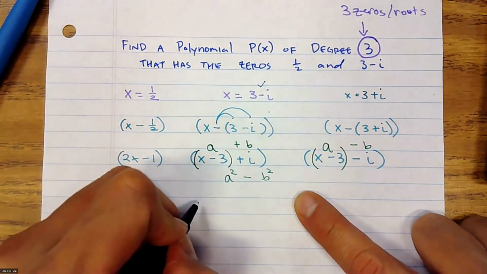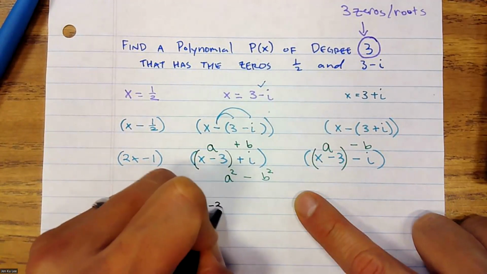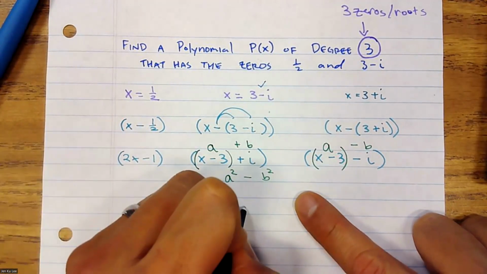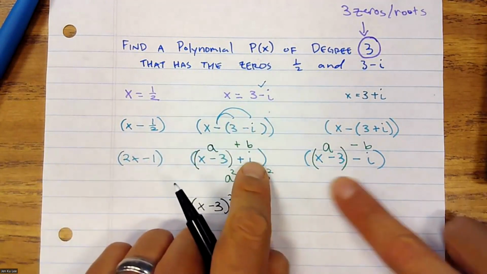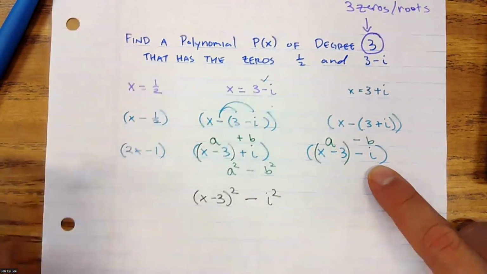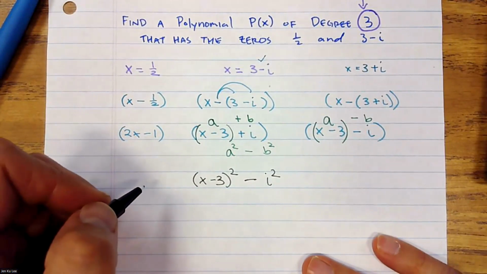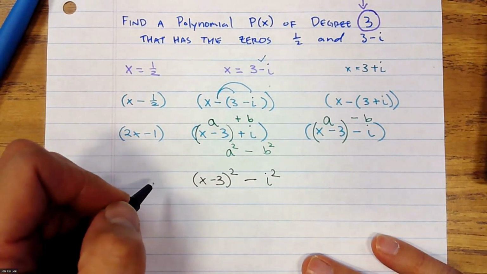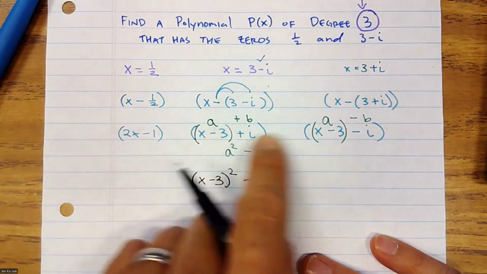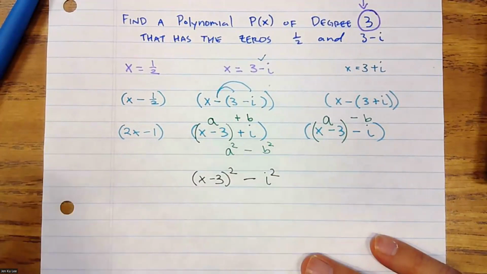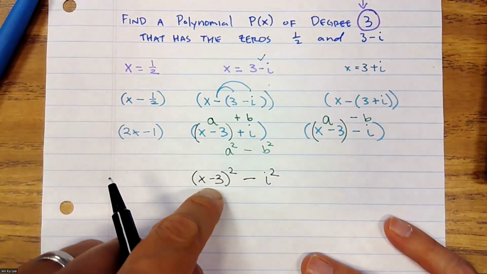So my a is x minus 3, so x minus 3 squared minus b squared, which is i squared. Does that make sense? If that didn't make sense, class, there's 3 terms here and 3 terms here. You can multiply them and take the long route to get to this.